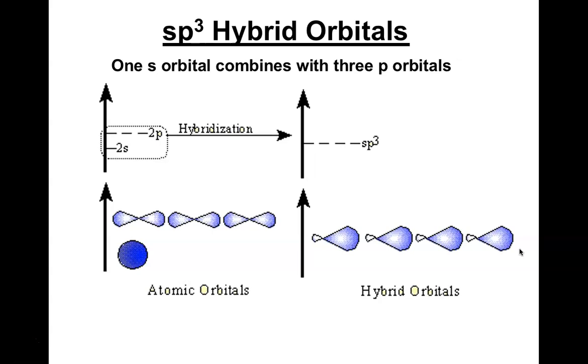Now, next thing to note, energy. The big black arrows show an increase in energy from bottom going up. Notice that the hybrid orbitals are kind of in between an s and a p by itself. Meaning a hybrid orbital has more energy than an s, but it has less energy than a p.